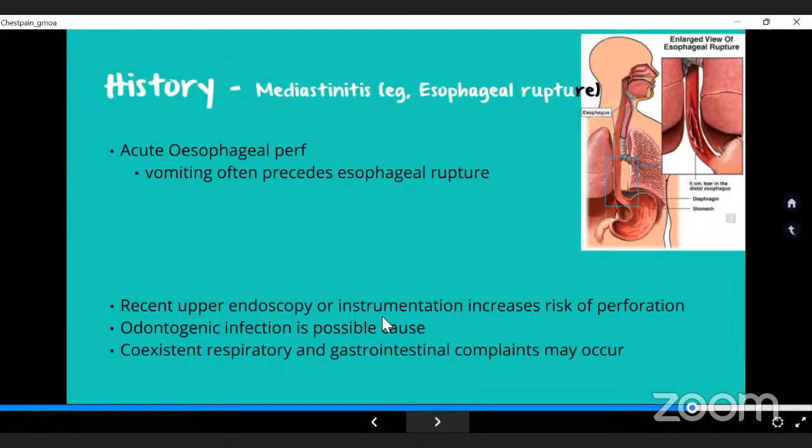And other than that, acute spontaneous esophageal rupture can be followed by recent upper endoscopy or some other instrumentation of the upper airway or the esophagus. And mediastinitis without esophageal rupture can be due to spreading of infection from teeth or odontogenic infections.